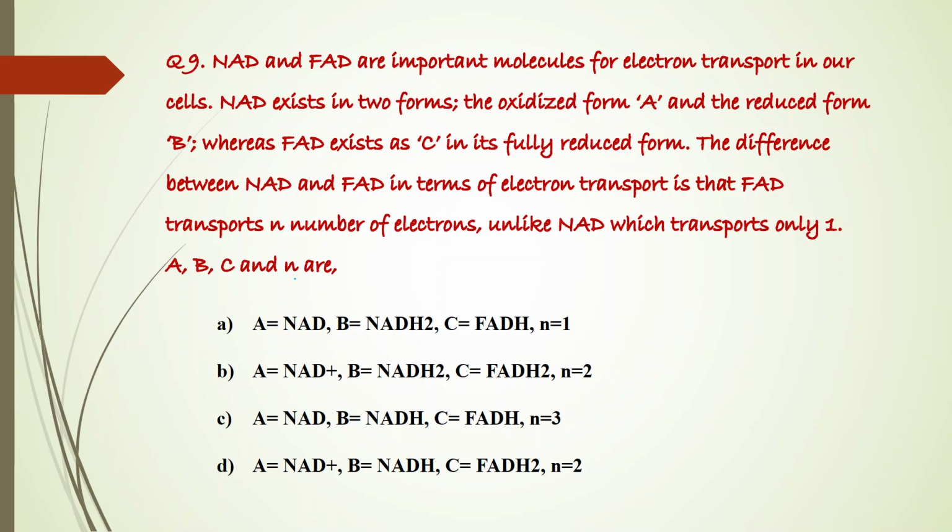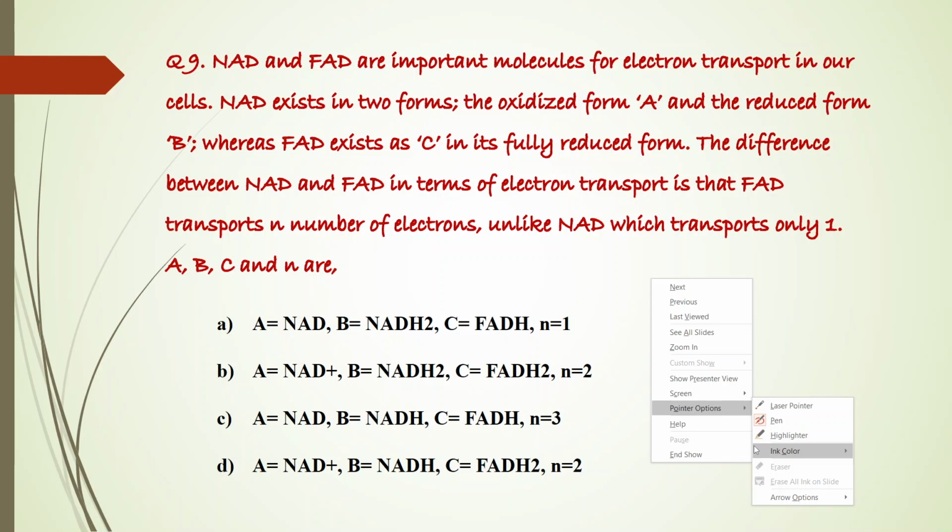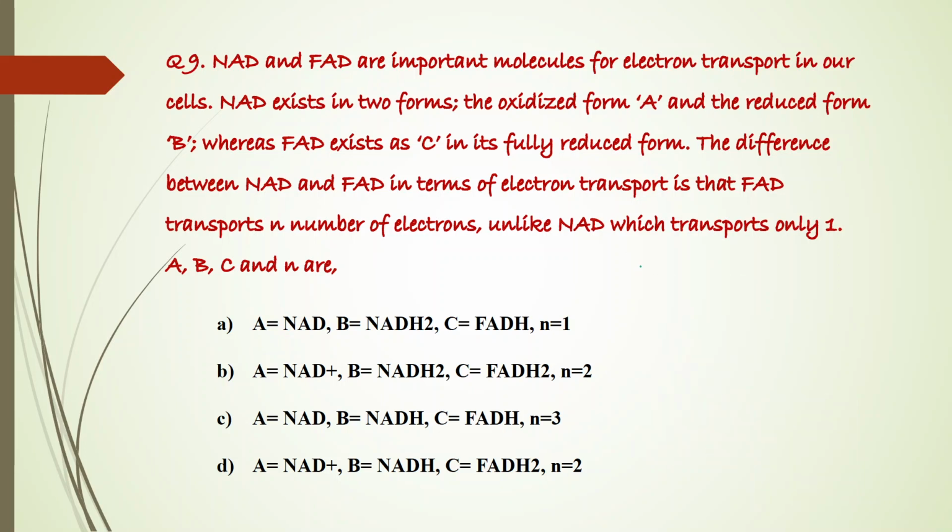One is the oxidized form, that is written as A. Yes. So what is our A? A is the oxidized form of NAD. Okay, you have to identify how you denote it.